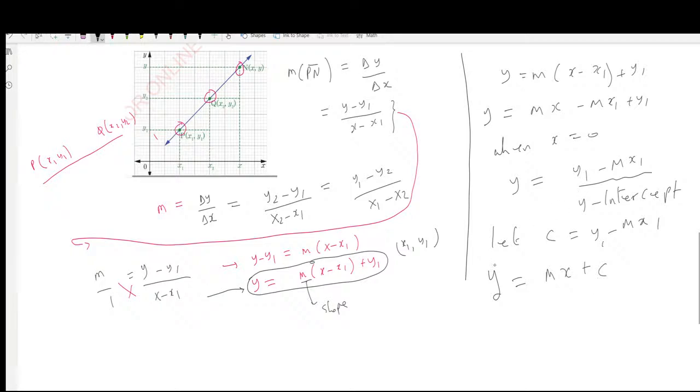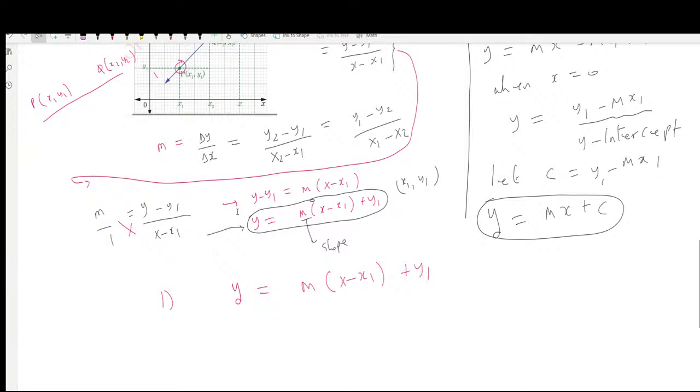So this is the second form of the equation we are having. And so we can conclude that you can either use the first formula, y equals m(x minus x1) plus y1, as the formula of a straight line, or you can use the second one, y equals mx plus c, dear students.